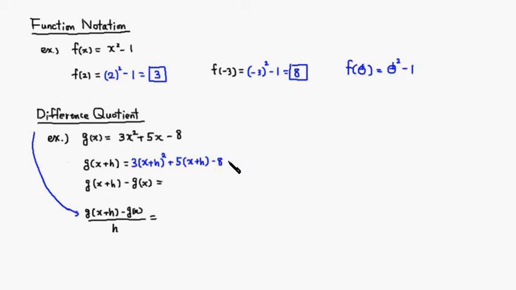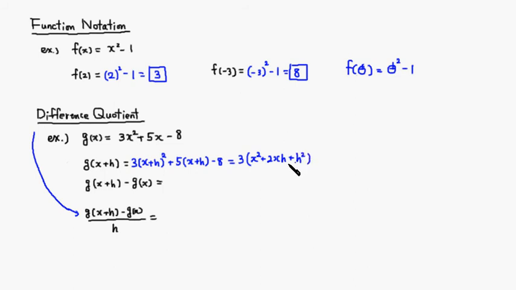So this is equal to, we just need to simplify it. It's 3 times, I'm going to multiply this out. x plus h squared would be x squared plus 2 times x times h, so 2xh, plus h squared.